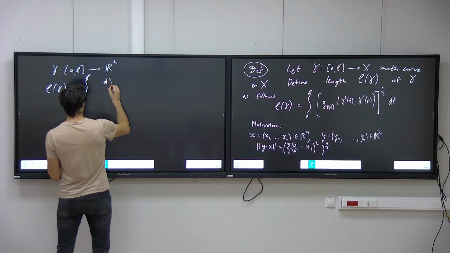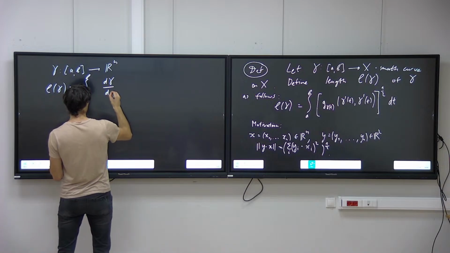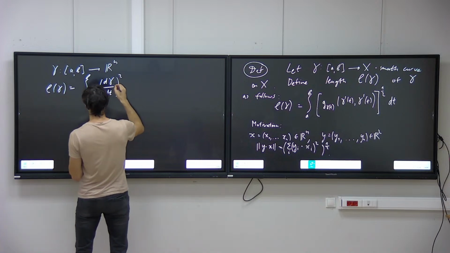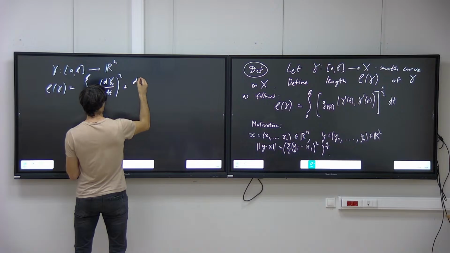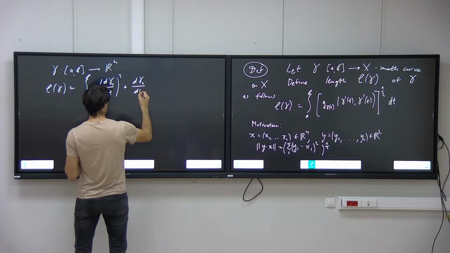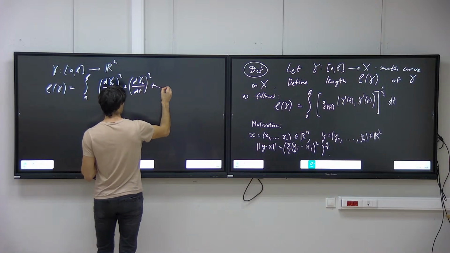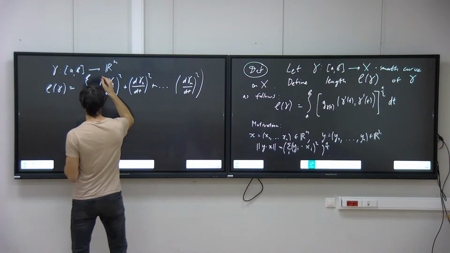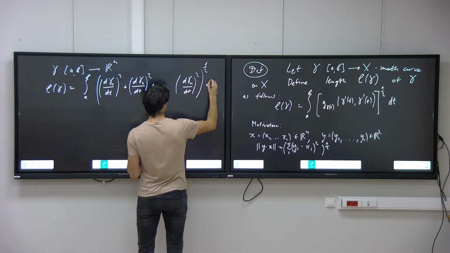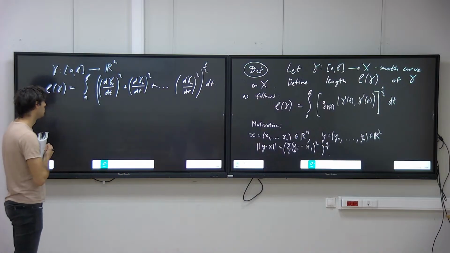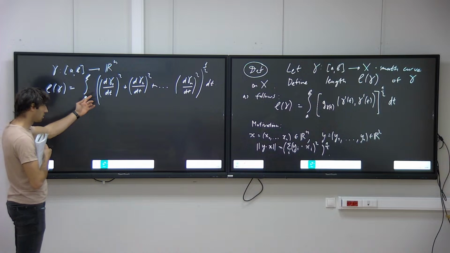So you have to differentiate: d gamma_1 over dt squared, plus d gamma_2 of t squared, plus and so on, d gamma_n over dt squared. Then I take the square root. Therefore this formula can be generalized.